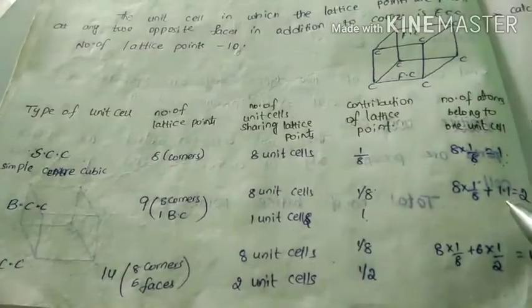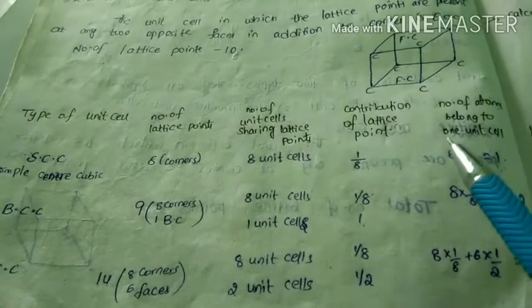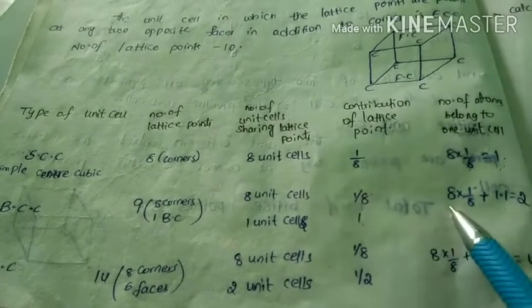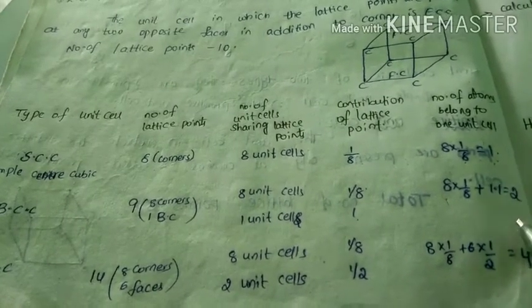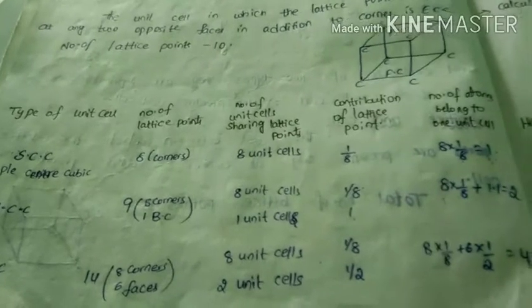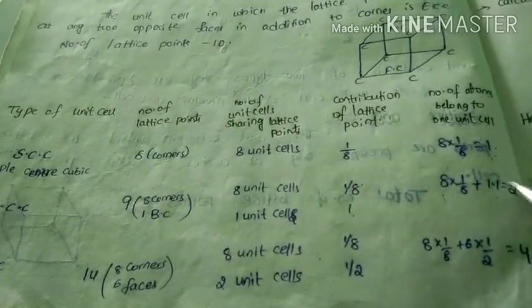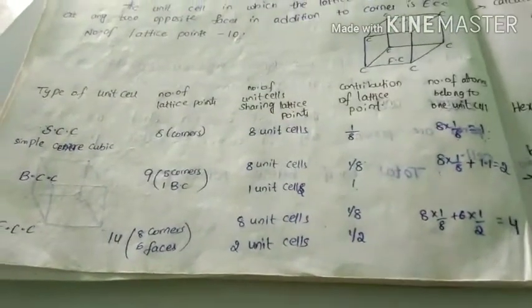Total 2. That means if particles are present at corners and body center in any unit cell, then the number of atoms is equal to 2. Because after sharing and contribution, the profit is only 2. You should think like that.